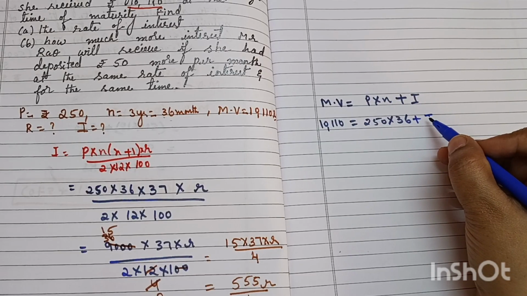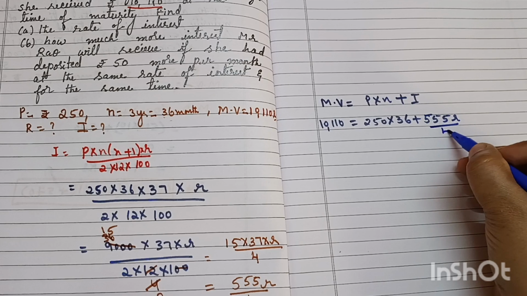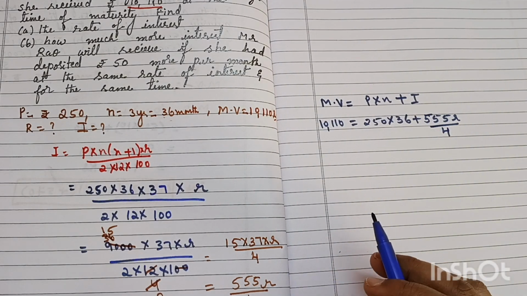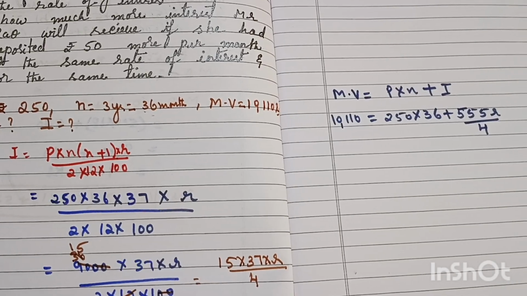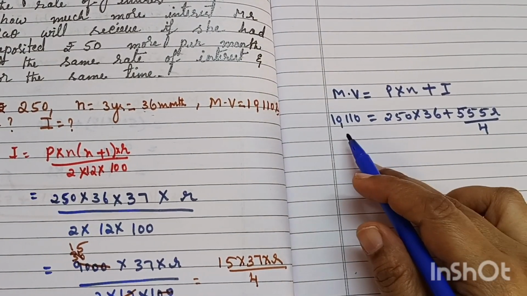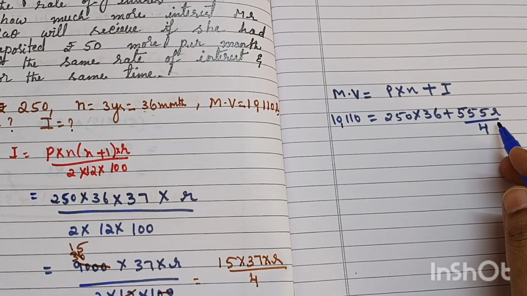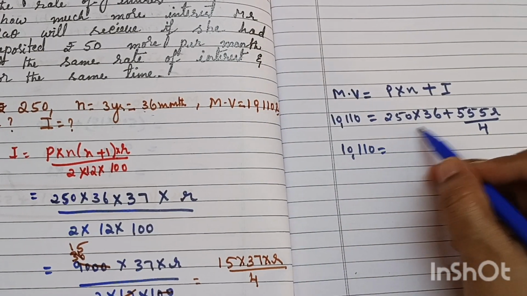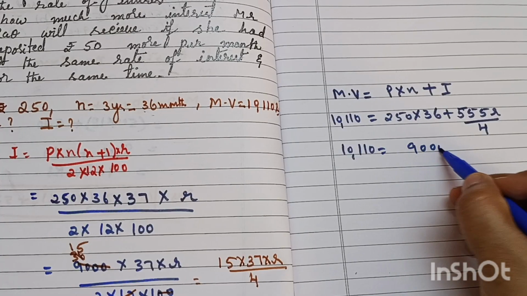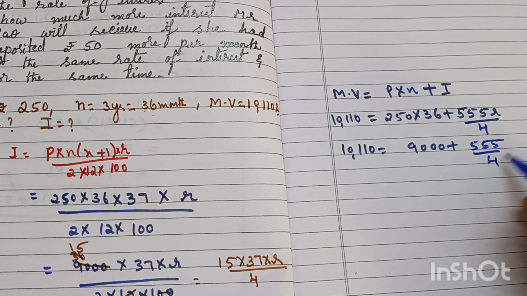Interest is how much? 555 r by 4. So 10,110 equals 250 into 36, which is 9,000, plus 555 r by 4.